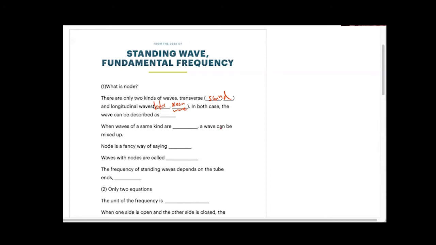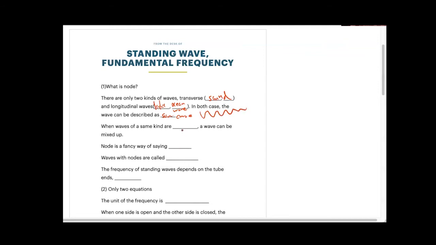The difference is complicated, but in both cases, the most important thing is the wave can be described as a sine curve. Basically the idea is this type of wave.